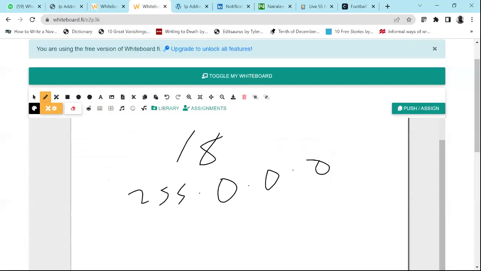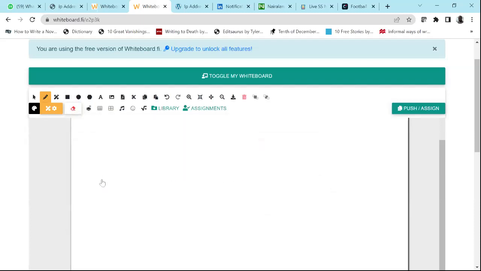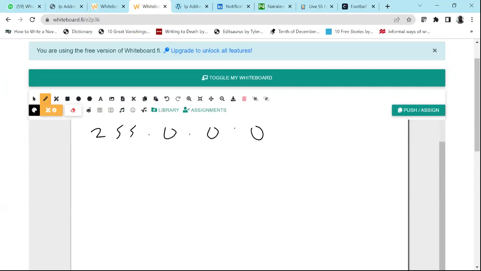And I told you, wherever you have 255, that is the network portion, and the zeros are the hosts. So this is the number of hosts you can have. If we put this into binary, we find out that 255.0.0.0 is 8 ones, 8 zeros, 8 zeros, 8 zeros.